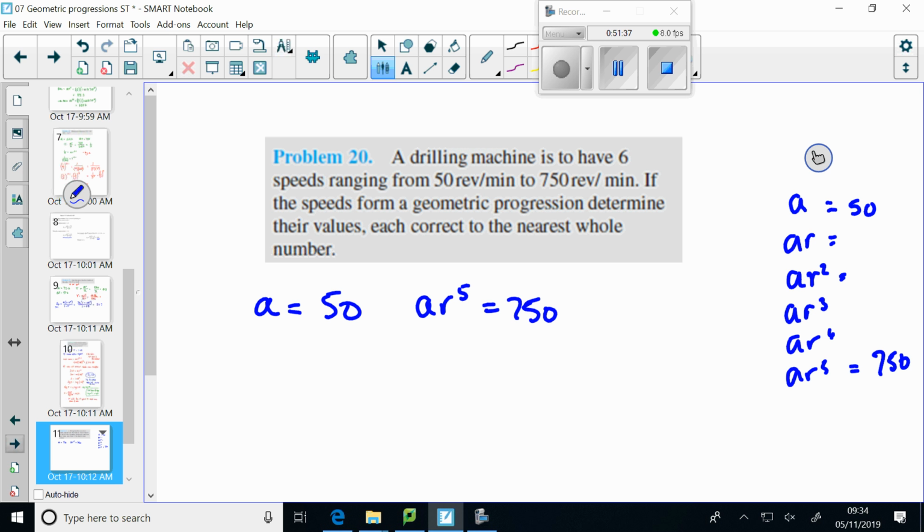So, how are we going to go about doing that? A R to the power 5 is equal to 750. What can we do?